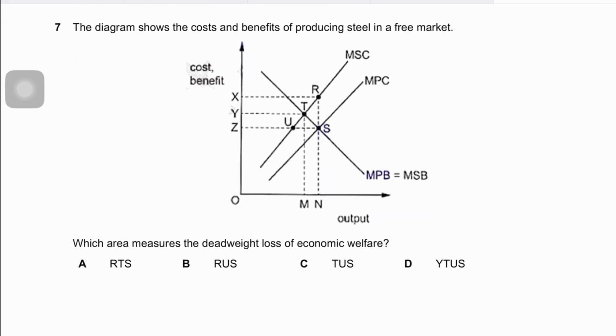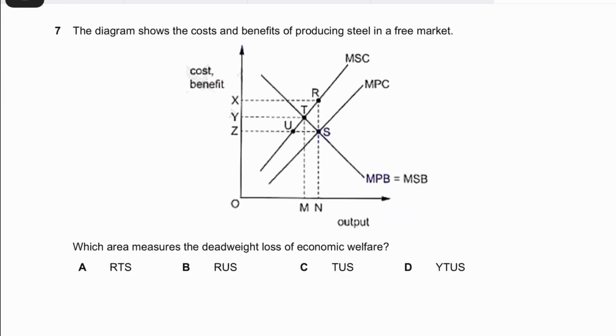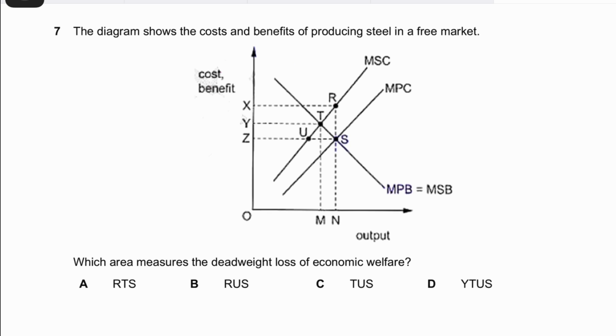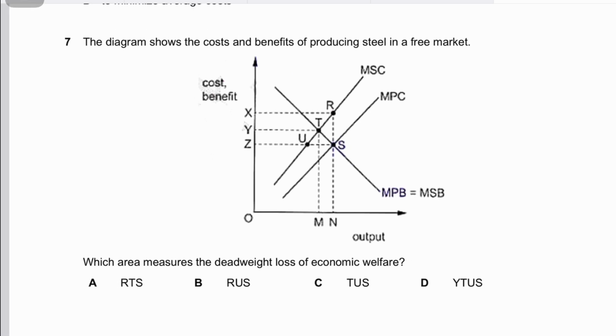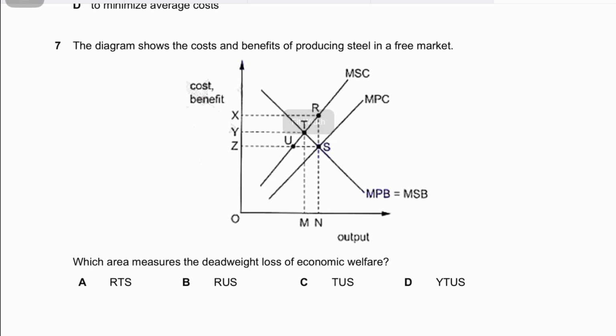Question number 7 says the diagram shows the costs and benefits of producing steel in a free market. Which area measures deadweight loss of economic welfare? Now, the deadweight loss would arise when you produce a suboptimal outcome, representing loss of welfare to society, loss of economic welfare to society.